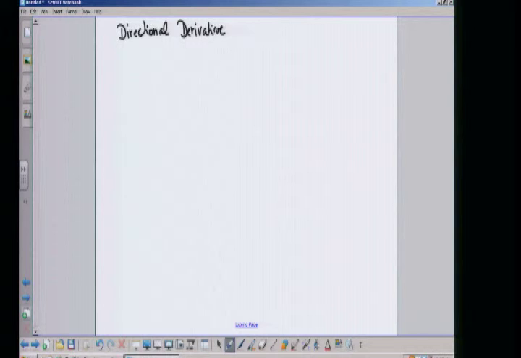Directional derivative, okay? It's called dB of f, so it's also of a scalar function. So we're always dealing with a scalar function f, okay?